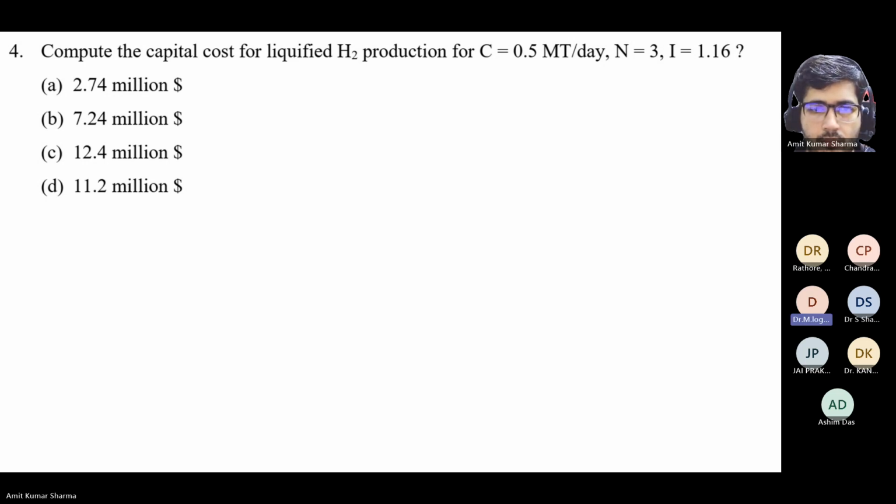Formula is n into capital N. Capital cost equals capital N into 10 lakhs into 5.6 into C power 0.8 into I.